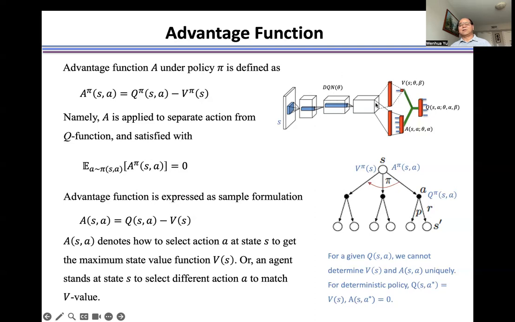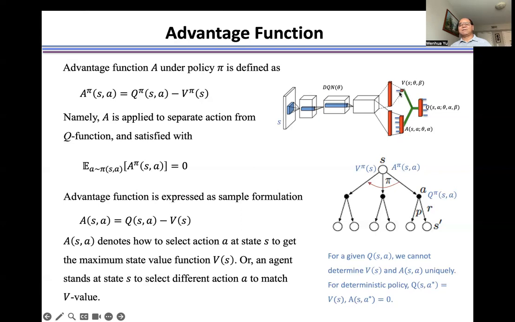In the Q network, we insert two modules. One we add here outputs the Q value for this input state S, and another outputs the state advantage function, that means the advantage function over the possible actions.